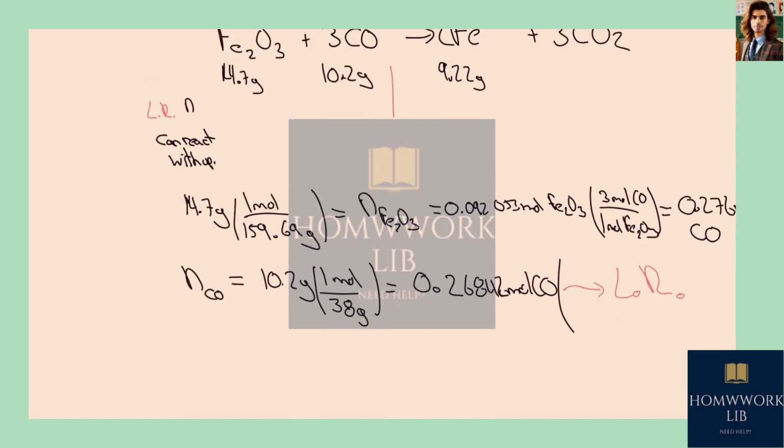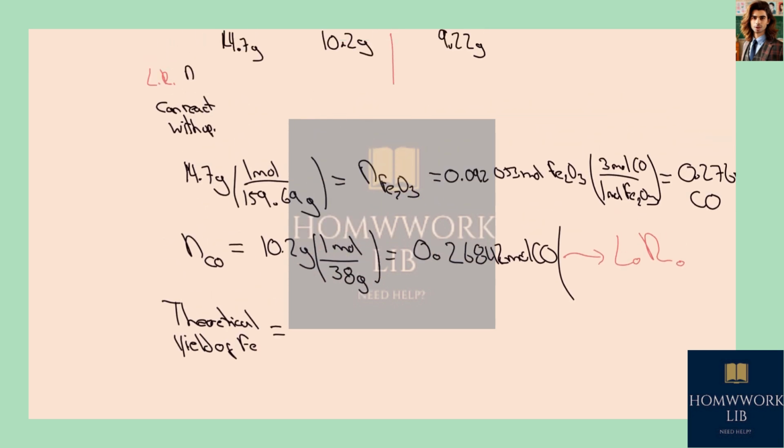Thus, the yield is going to be given by the limiting quantity here. So the theoretical yield of iron in grams is going to be equal to the amount of mole that I have of carbon monoxide.